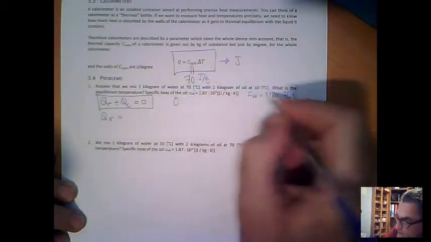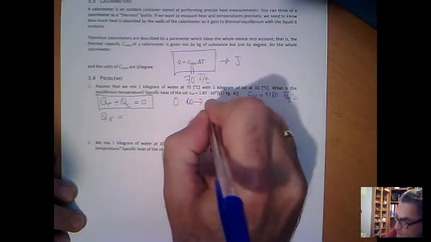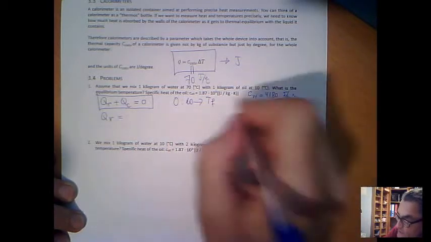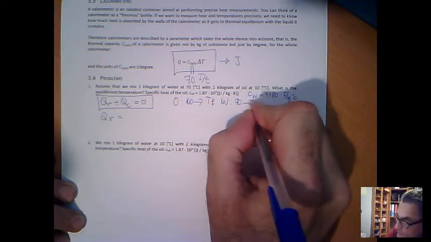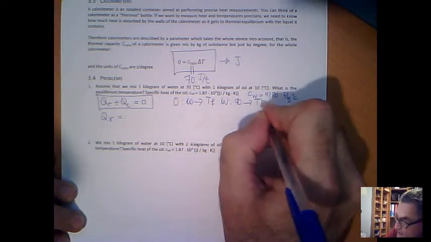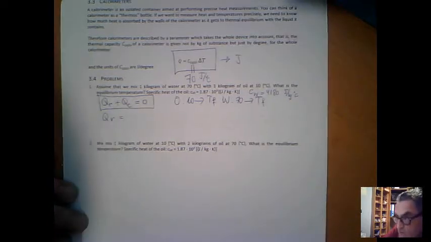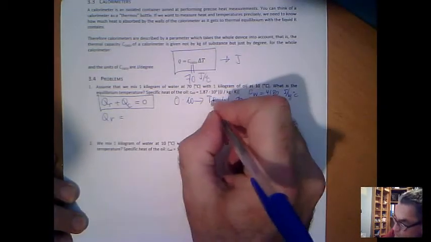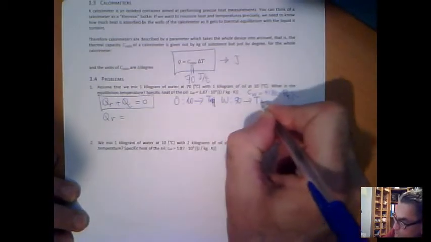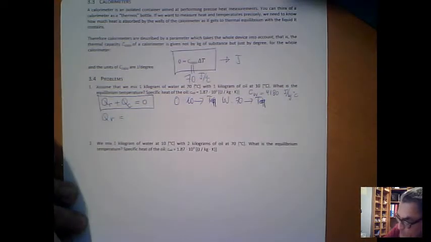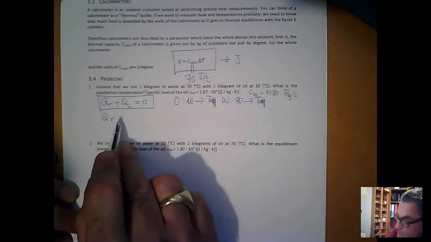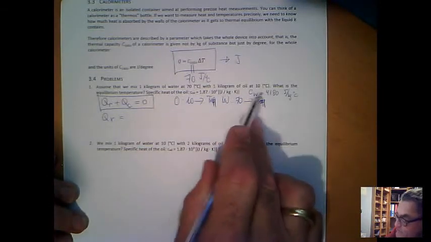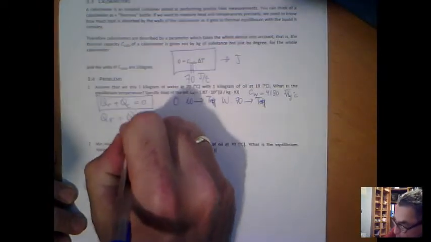So the oil is going to go from 10 degrees to some final temperature, and the water is going to go from 70 to the same final temperature, because they will have the same final temperature, which we could call the equilibrium temperature. And so the heat which is received is the heat received by the oil, okay?